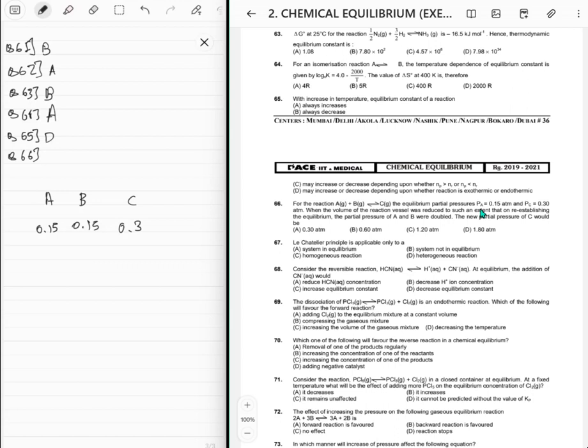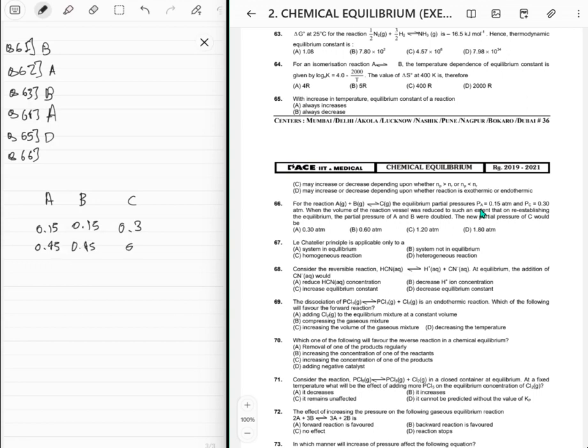And if we were to revert this reaction all the way back to just having A and B, then A has 0.45 and B has 0.45 and C has 0.